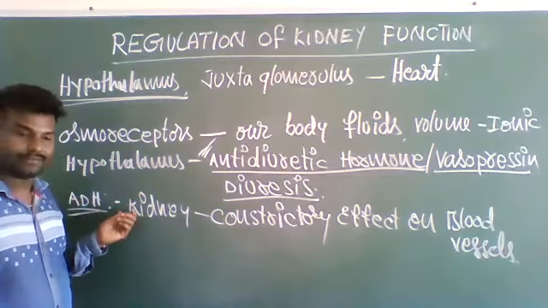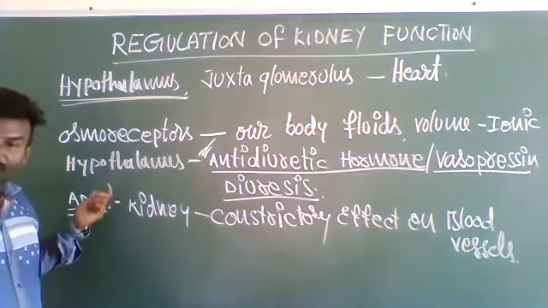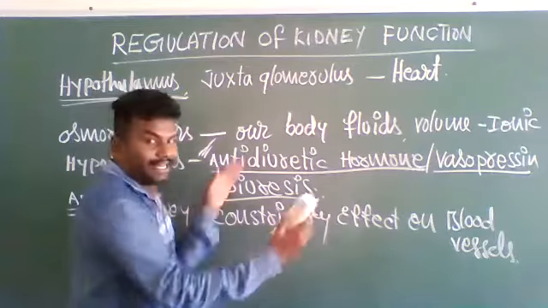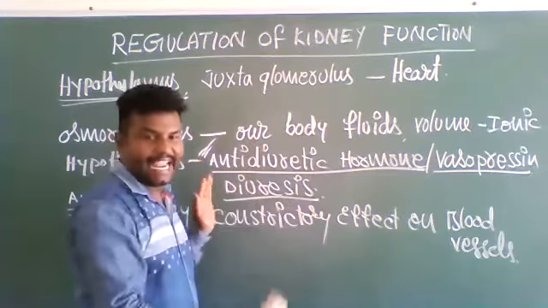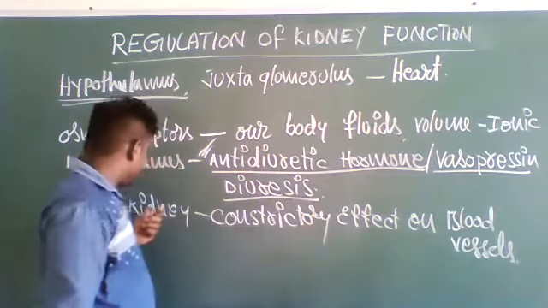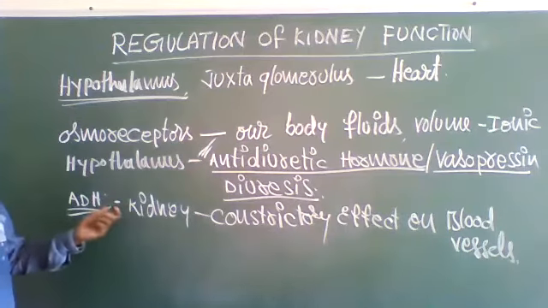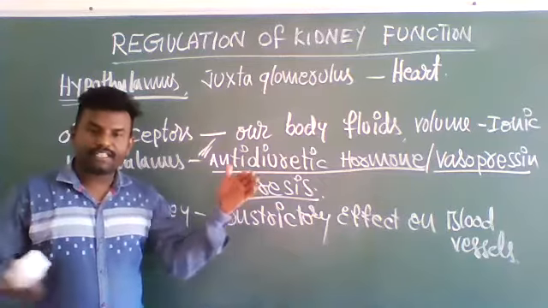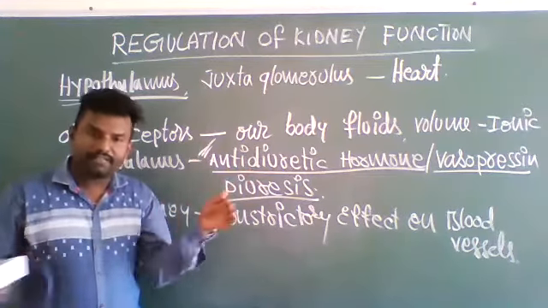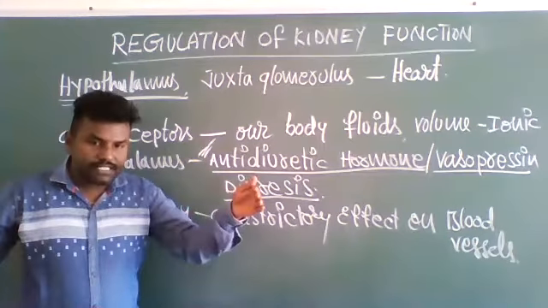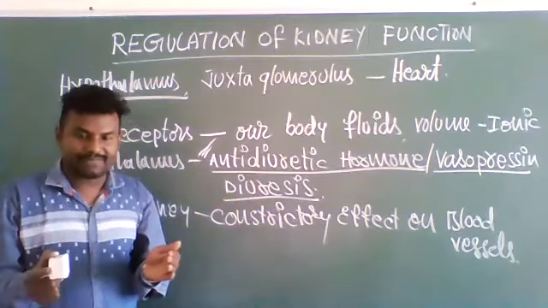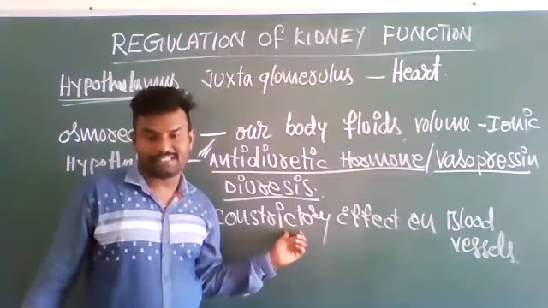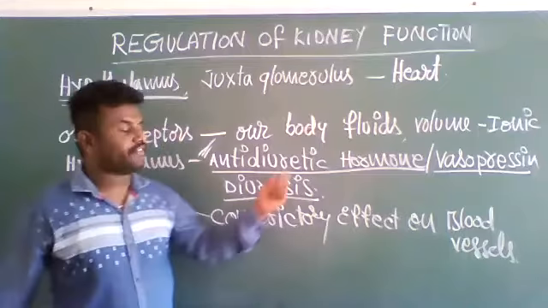Constrictory means decreasing the diameter of the blood vessels. In the kidney, the blood vessels involved in filtering are made narrower by its constrictory effect.